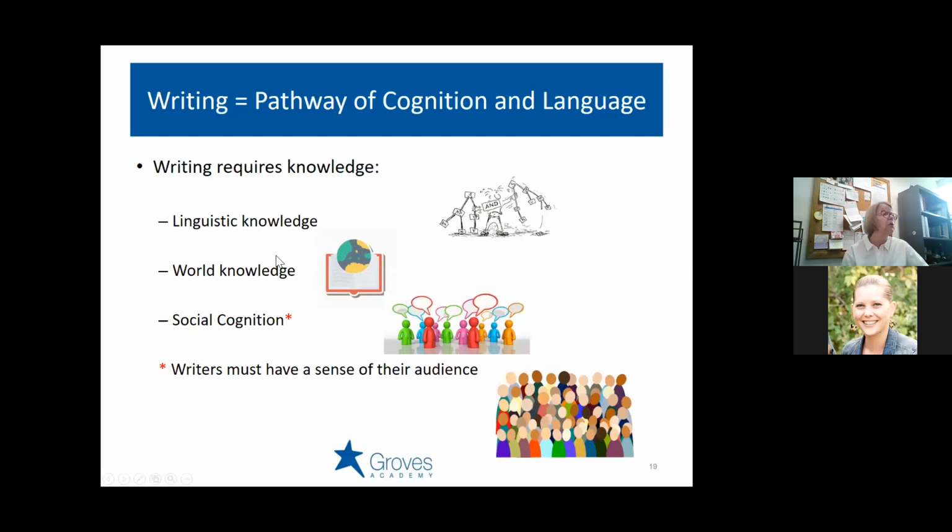It also requires some world knowledge that comes from just living in the world, reading about things, etc. And social cognition, which means writers have to think about their audience.